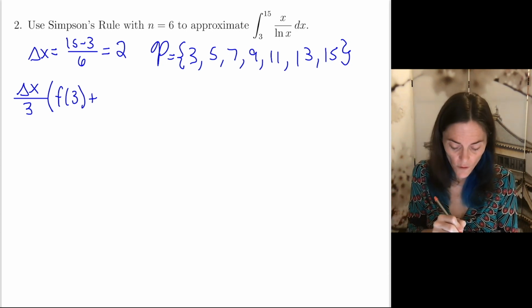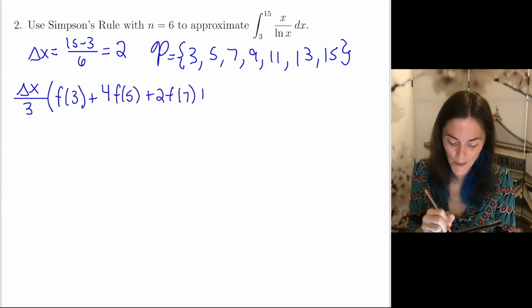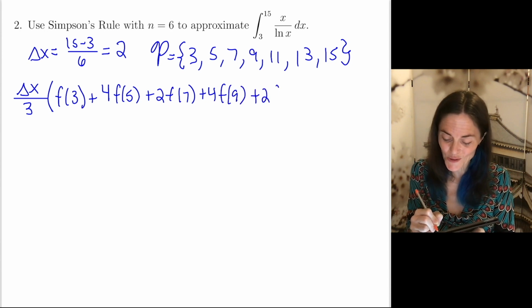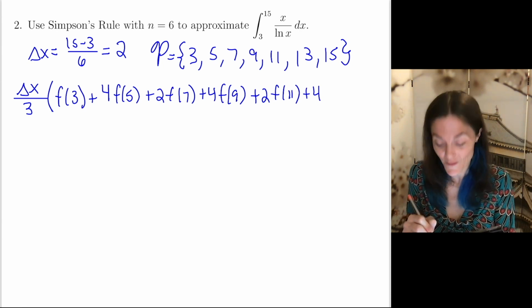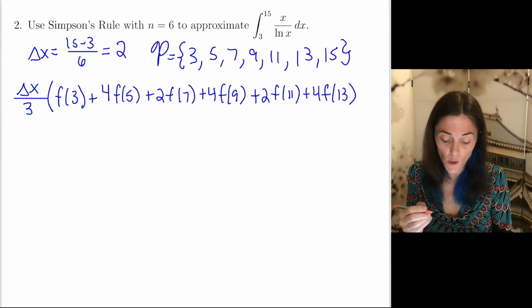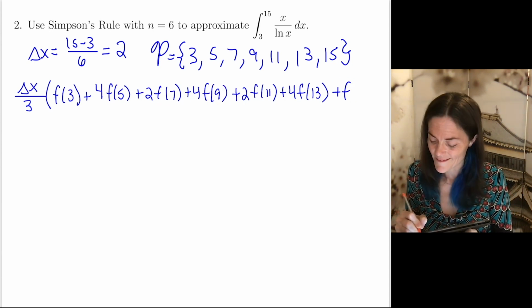So we would have 4 f of 5 plus 2 f of 7 plus 4 f of 9 plus 2 f of 11 plus 4 f of 13. And then the very last one comes with coefficient 1. So this will just be f of 15.